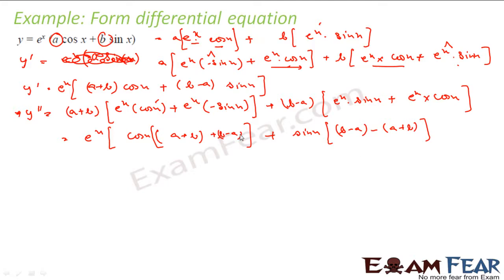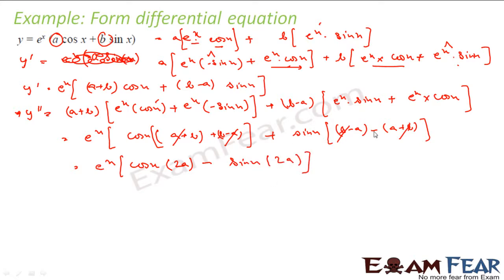Correct? So if you see this guy, a and a cancel, you get 2b here, and in this case, b and b cancel, right? So what you get here is e to the power x into cos x into 2b, minus sin x into 2a.